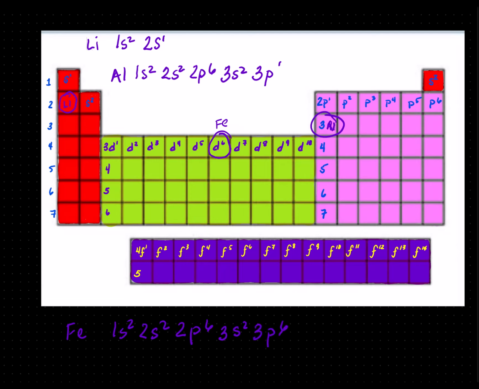It's completely filled. So now we're going to go to period 4. All of 4s is filled. And now we are at 3d, and iron is located at 6. So it's 3d6. Again, the first time you see the d's at period 4 is at energy level 3. So the period and the energy level for the d orbitals are off by 1.